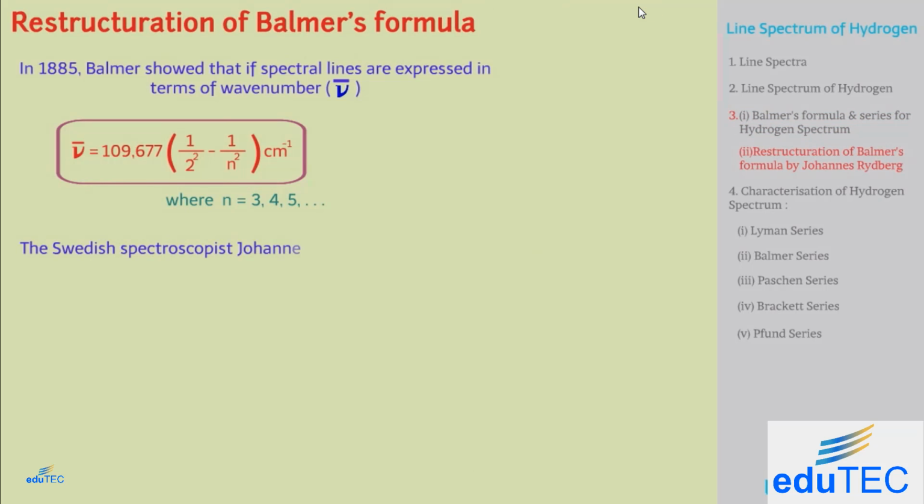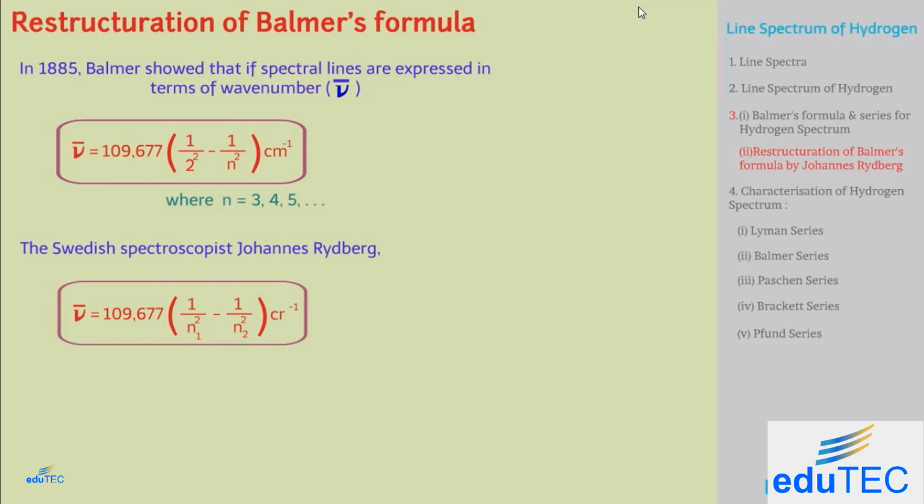The Swedish spectroscopist Johannes Rydberg suggested that the formula can be restructured as nu bar equals 109677 into bracket 1 by n1 square minus 1 by n2 square per centimeter, where n1 equals 1, 2, 3 and so on, and n2 equals n1 plus 1, n1 plus 2, n1 plus 3 and so on.